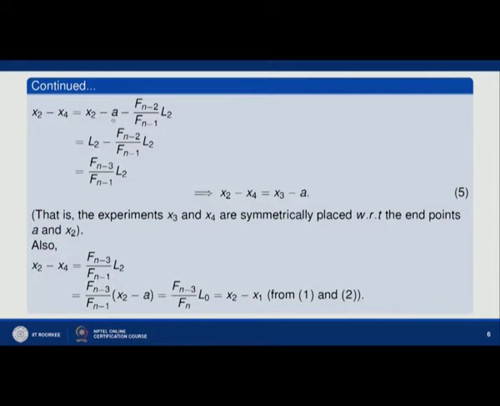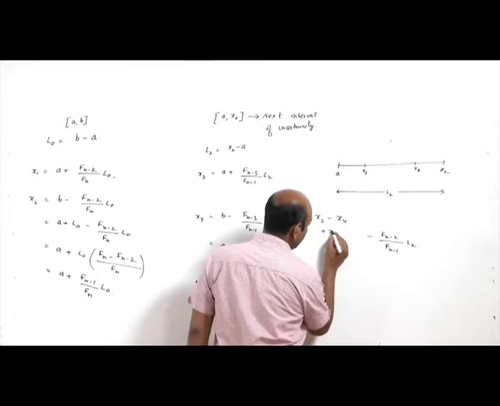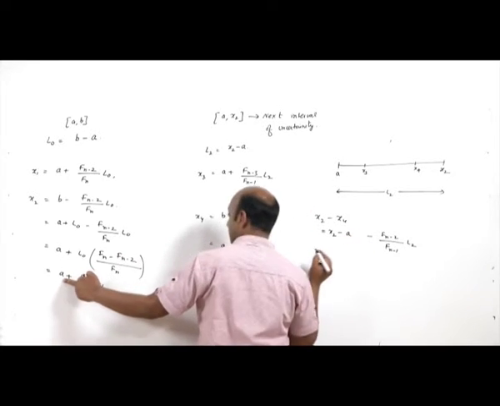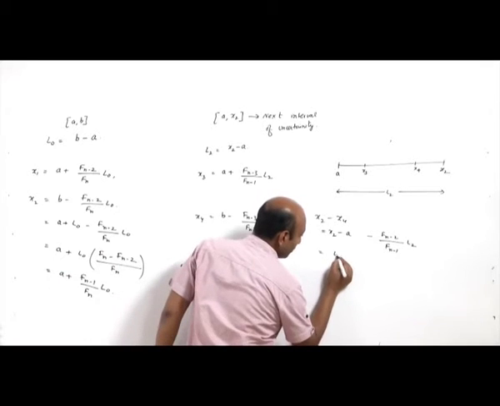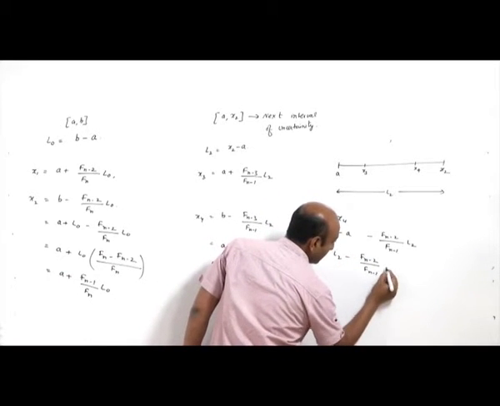Now, x2 minus a is L2. So, you simply take this x2 and replace x4 by this, minus a minus this, and x2 minus a from here is L2. So, it is L2 minus Fn minus 2 upon Fn minus 1 into L2.